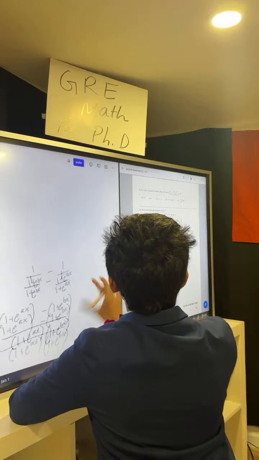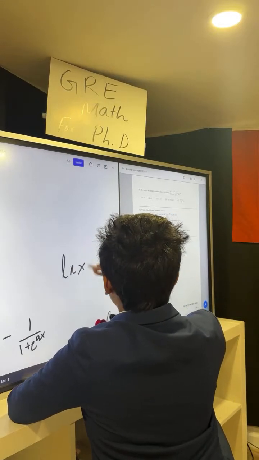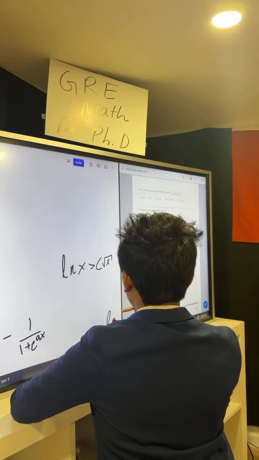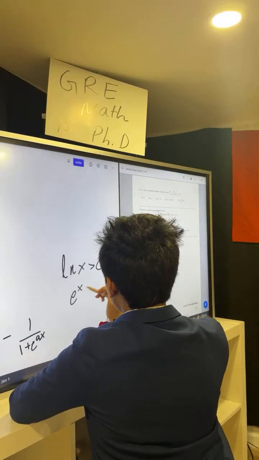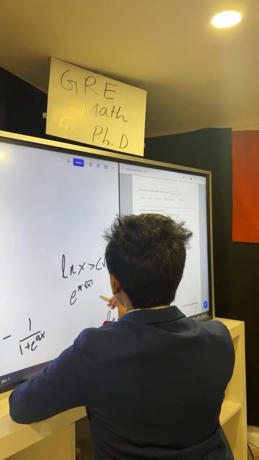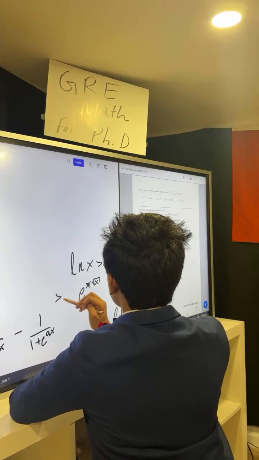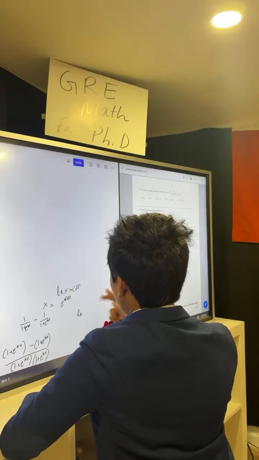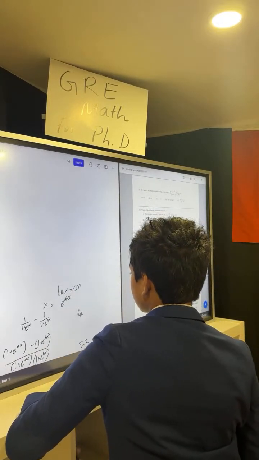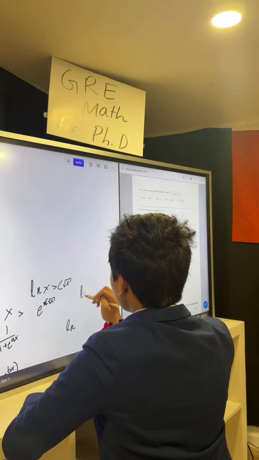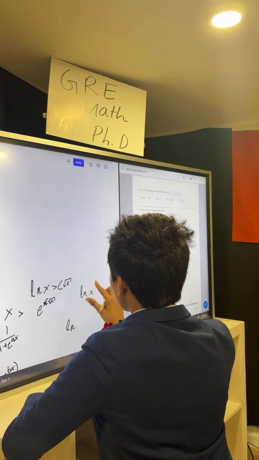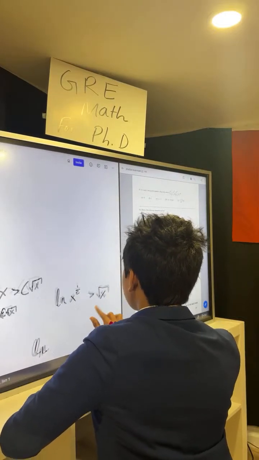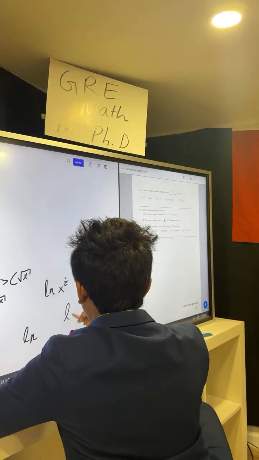I mean, let's say ln x is greater than c root x at some point. Then what would x have to be? e to the square root of x. Okay, so e to the c root x has x over here. No, that's not right. Oh, we have ln of x to the 1 over c is greater than the square root of x.